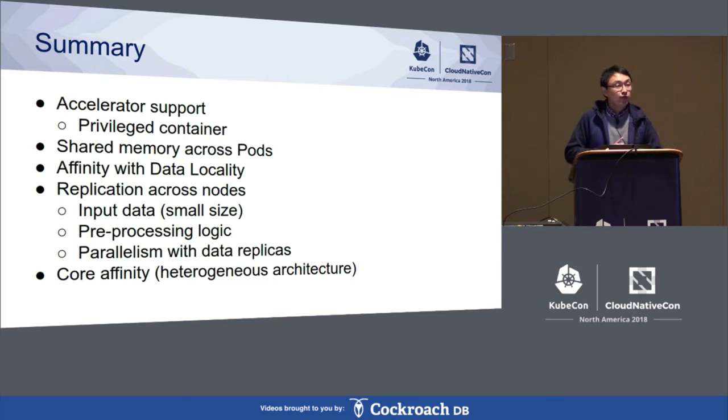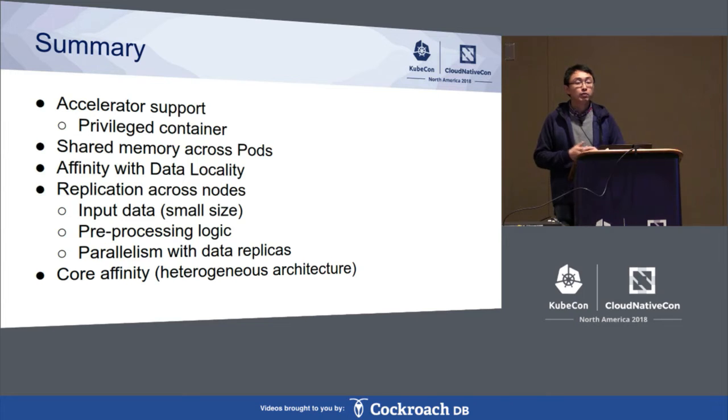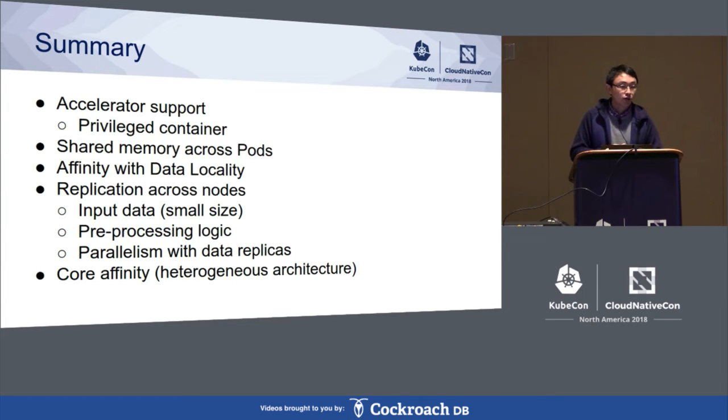And we want an effective shared memory mechanism for sharing data across pods, which requires all the pods to be co-located on the same nodes with affinity rules according to data locality. And we use a simple replication mechanism to replicate small input images and also lightweight pre-processing tasks to further push the parallelism. And core affinity is important for performance on a heterogeneous architecture.